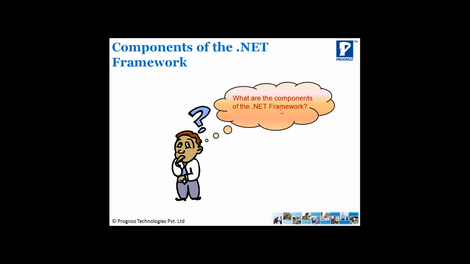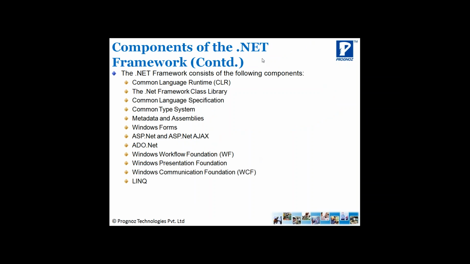Now we will see what are the different components that are used in the .NET Framework. The .NET Framework comprises Common Language Runtime, known as CLR, .NET Framework Class Library, Common Language Specification, Common Type System, Metadata and Assemblies, WinForms, ASP.NET, ASP.NET Ajax, ADO.NET, WWF that is Windows Workflow Foundation, Windows Presentation Foundation, Windows Communication Foundation and LINQ.